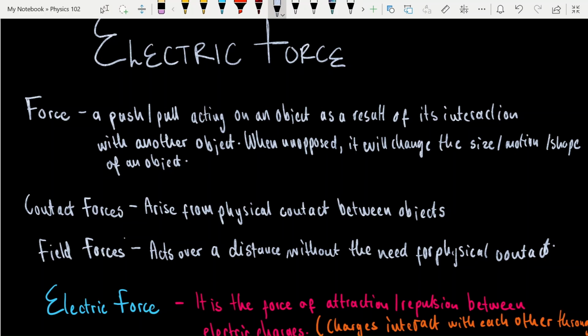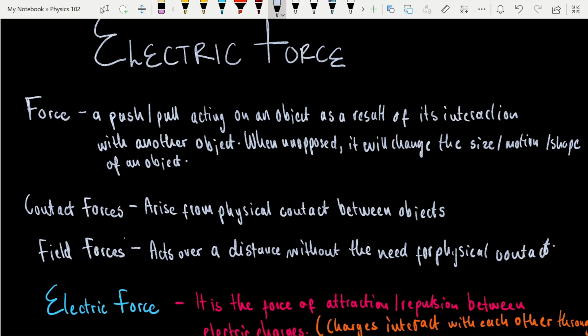The force is acting between two objects, definitely. But contact forces arise from physical contact between the objects. So the force between these objects will only be there when these two objects are physically in contact. And the force will be acting between the surfaces of these two objects. Like friction.